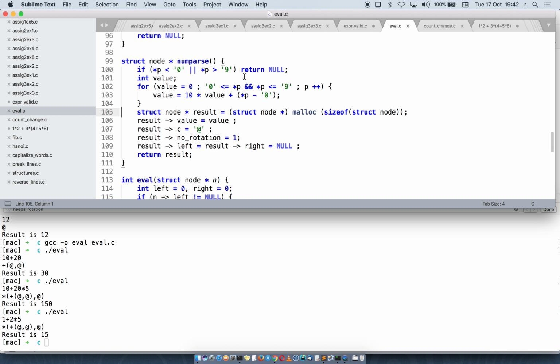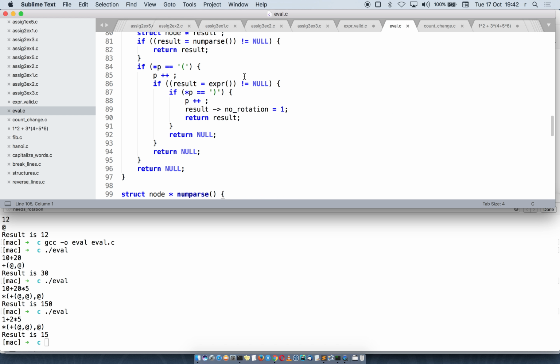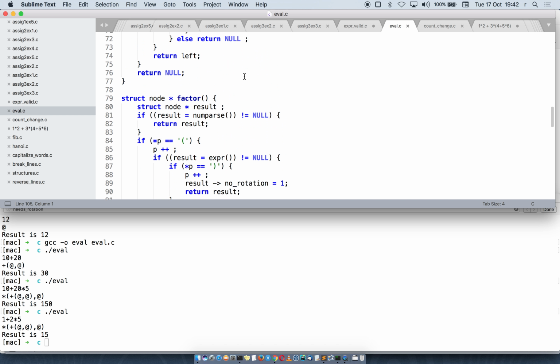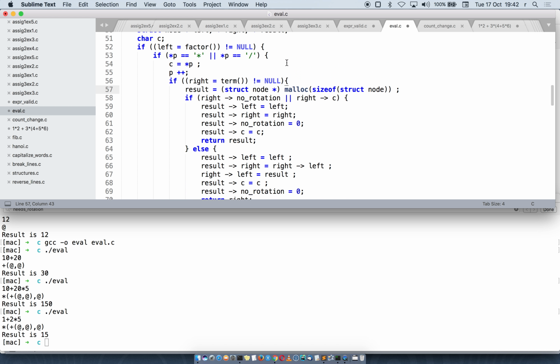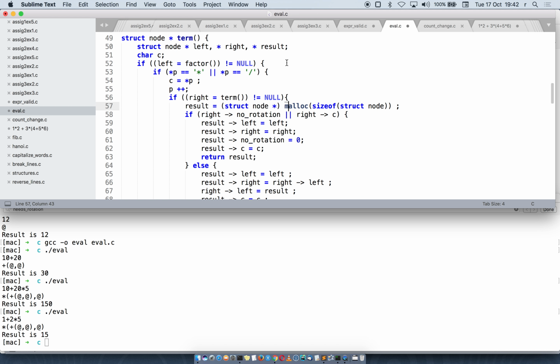Right, so there is another condition that we need to add off the bat. So we're going to say if right no rotation, or right C, so we are at the level of the term.